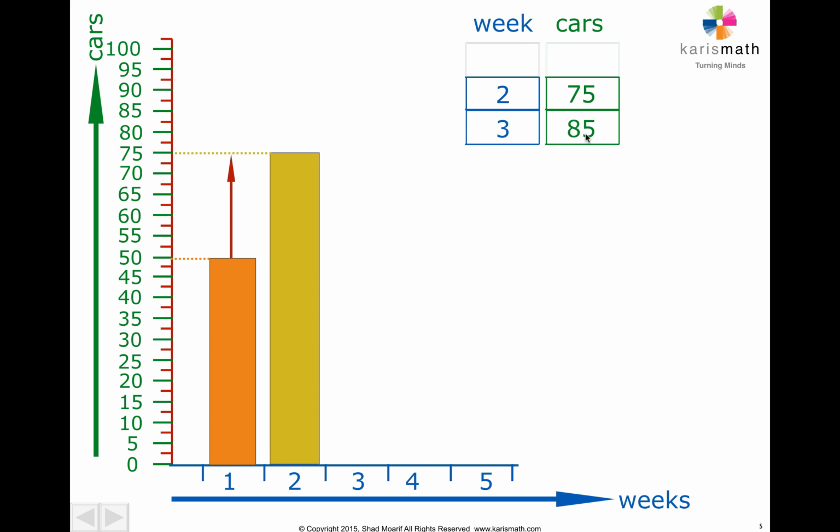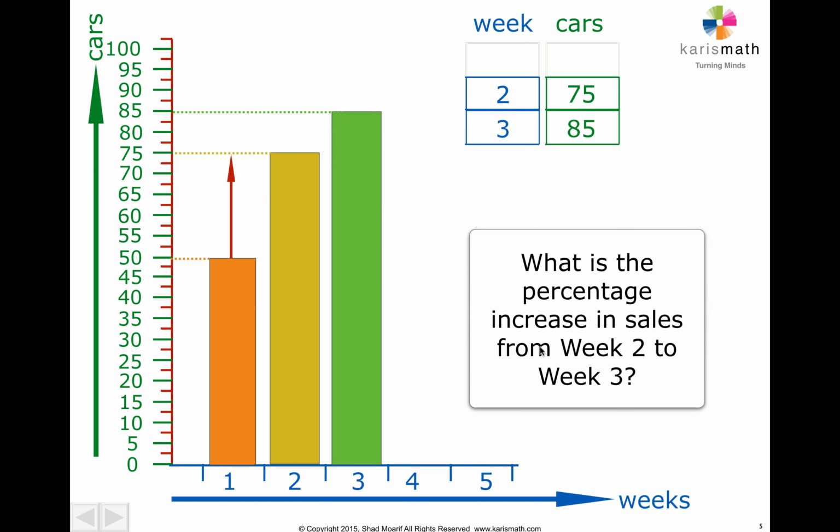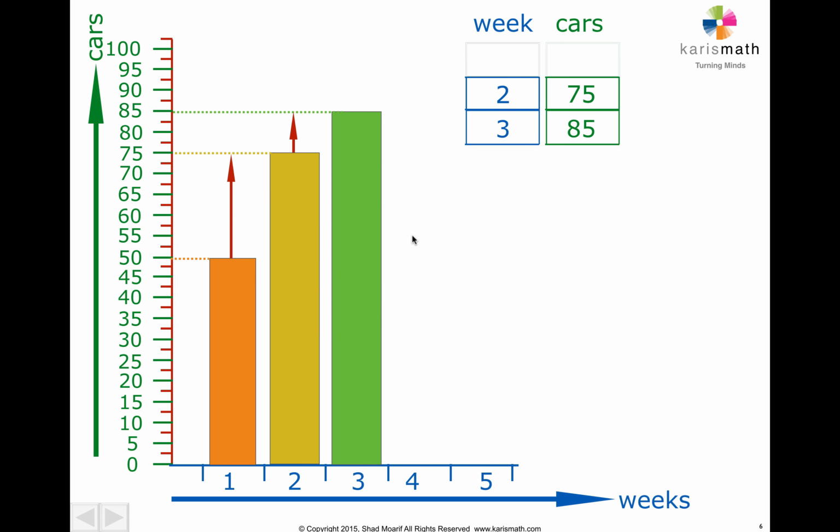Third week, he sold 85. So now if you're asked, what is the percentage increase in sales from the second week to the third week? Second week was 75, third week was 85. So the difference, of course, is just 10, from 75 to 85. There's an increase of 10 cars.